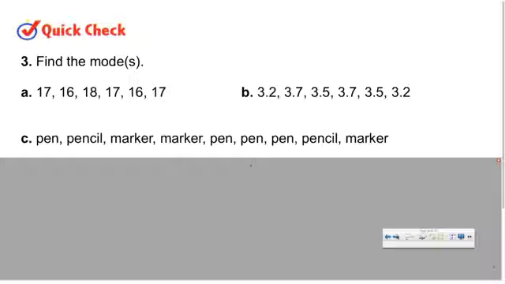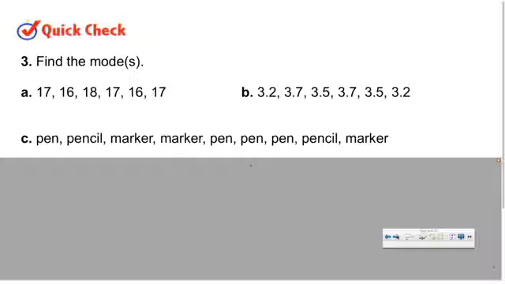For A, I'm going to give you a strategy. Arrange it from least to greatest. I know you're not doing median, but if you arrange it from least to greatest, it's much more obvious what the mode is. A lot of times these quizzes will have you calculate mode, mean and median, so you've already got most of the work done for median, and it makes it easier for mode.